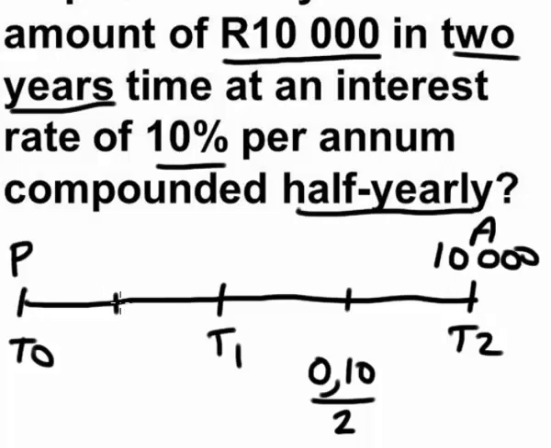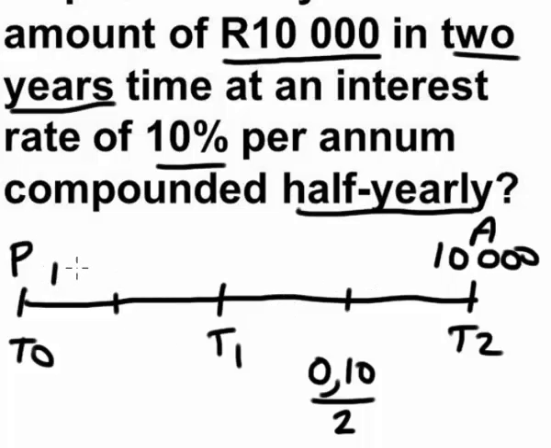Think about it. 6 months plus 6 months gives you 12 months, which is a year. Then you have another 12 months, which is another year added on. That's 6 plus 6 plus 6 plus 6, which is 6 times 4, which is 24 months. But a 6-month period is 1 half year.